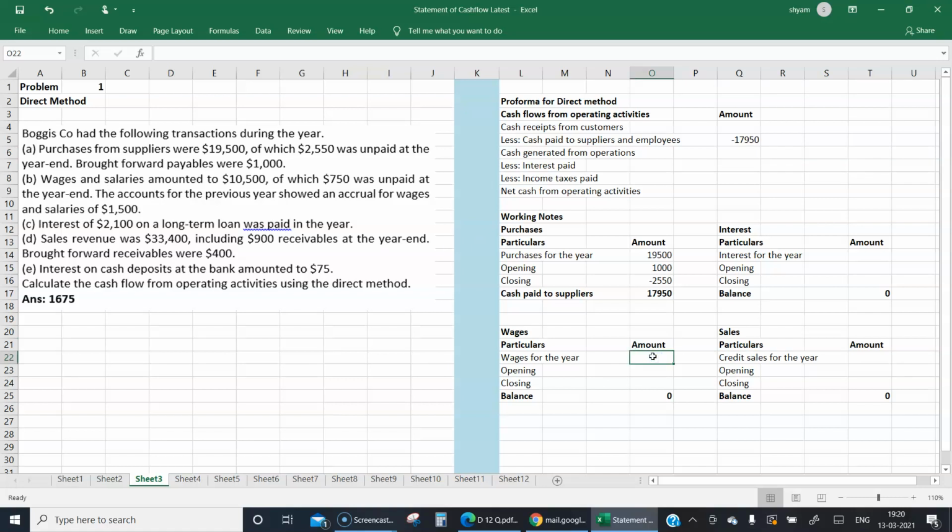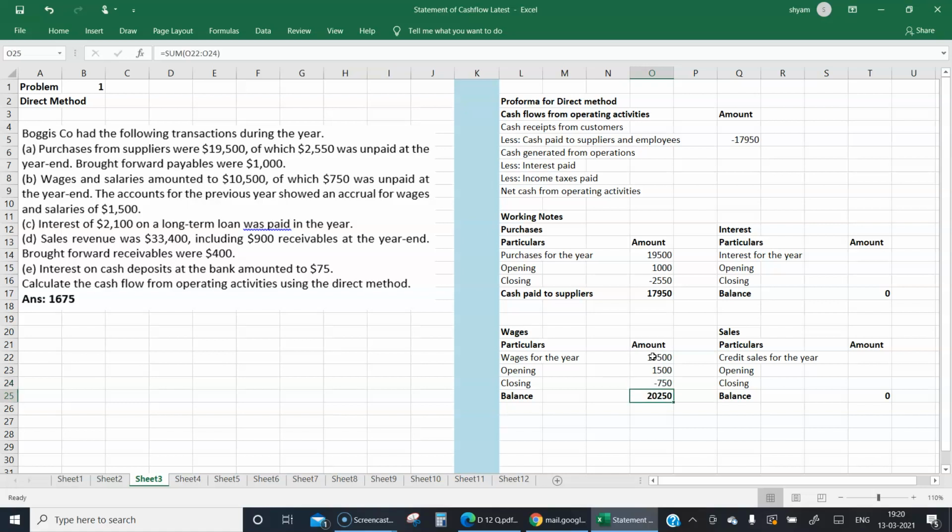The total wages for this year has been 10,500, and at the beginning of the year we had not paid 1,500, which we should pay in this year. And at the closing, we have 750, which is still unpaid.